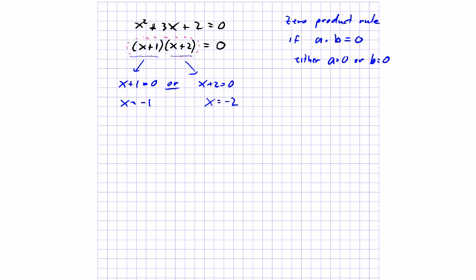So if I can figure out the factored form of x squared plus 3x plus 2, which we have done for you here, and write it as the quantity x plus 1 times the quantity x plus 2, it allows us to invoke the zero product rule. The only reason we can use the zero product rule is because the whole thing is equal to 0. So when we rewrite this as one factor times a second factor equals 0, this rule can be invoked, and it makes solving the problem very easy.